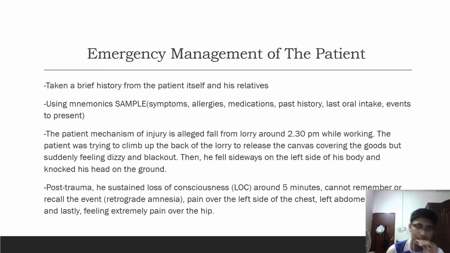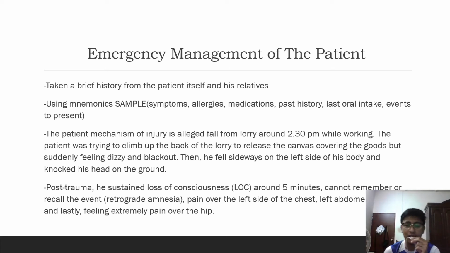Events to present, E for the component E. The patient's mechanism of injury is alleged fall from the lorry around 2:30 p.m. while working. The patient was trying to climb up the back of the lorry to release the canvas covering the goods, but suddenly he felt dizzy and blacked out.